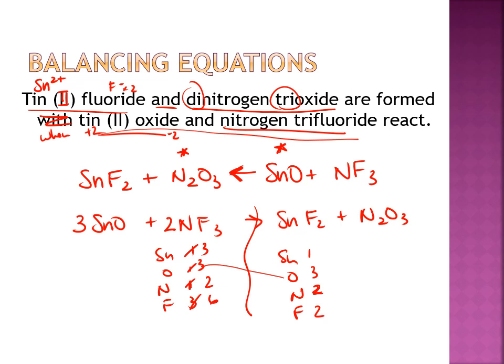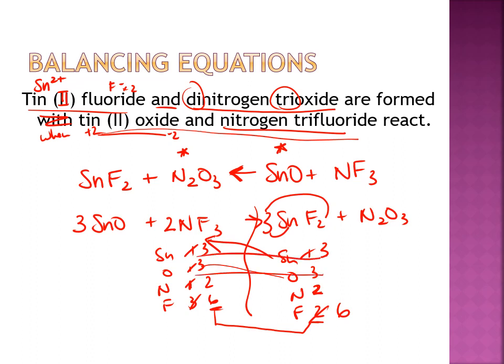Uh-oh. So I need to fix my fluorines. I have 6, I have 2. I'm going to fix that by putting a 3 here. So 3 times 2 makes 6. That also changes my number of tins. I also now have 3 tins, but that's good because look, I had 3 tins over here. 3s, 3s, 2s, 6. We have some matches.